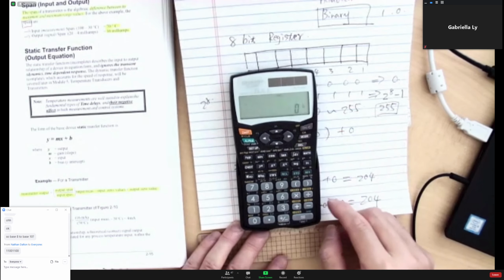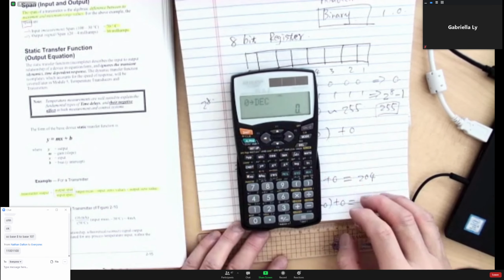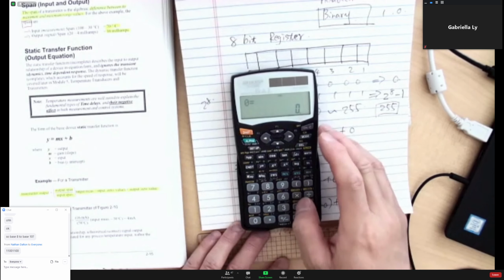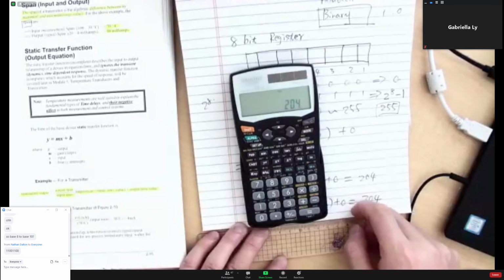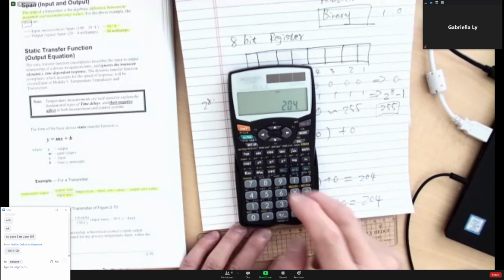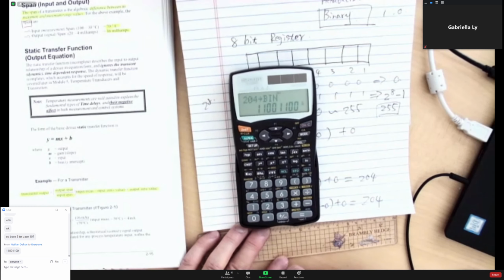If you have this Sharp calculator, all you have to do is calculate 204. Here above the divide button, it's BIN, binary.